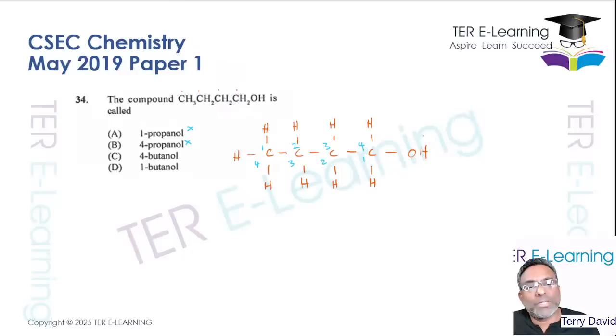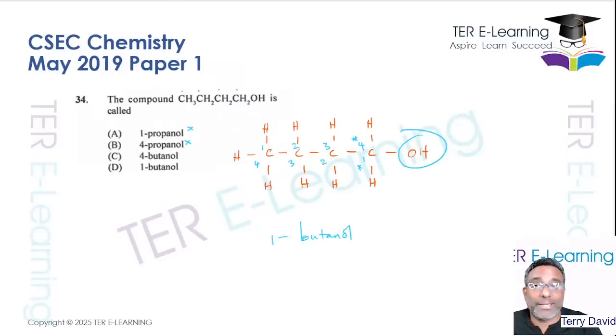Now, because we have an OH here, we know it's an alcohol. So we know it is butanol. But when it comes to naming your alcohols, you need to give the position of the OH. A common misconception here is for students to say 4-butanol. The thing is, this carbon could be named with a 4 or a 1, but based on our naming convention, we put the smaller number. So it's going to be 1-butanol.